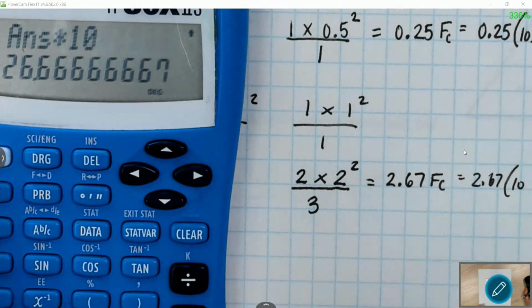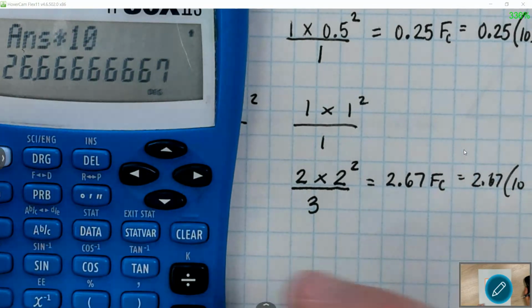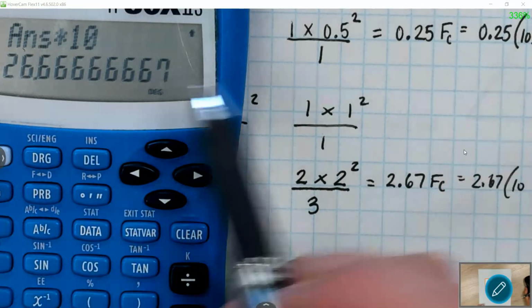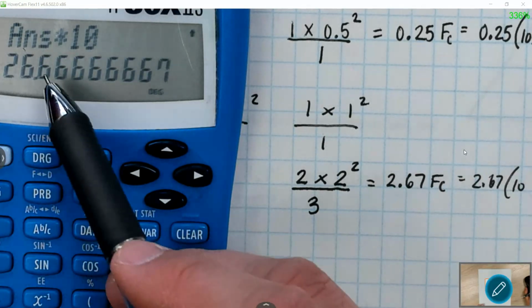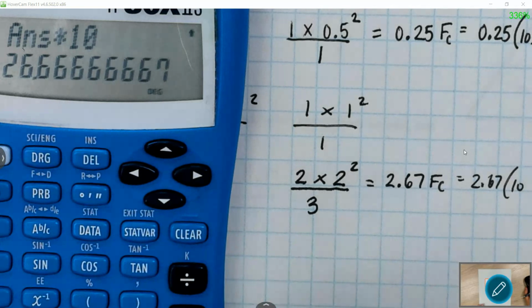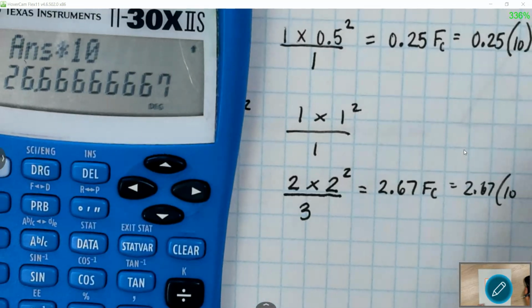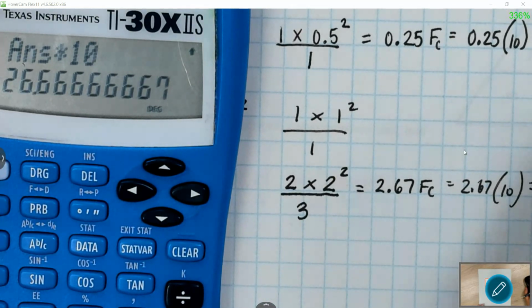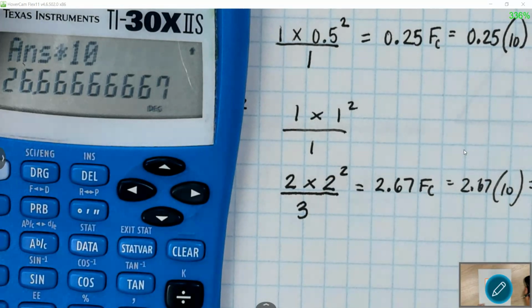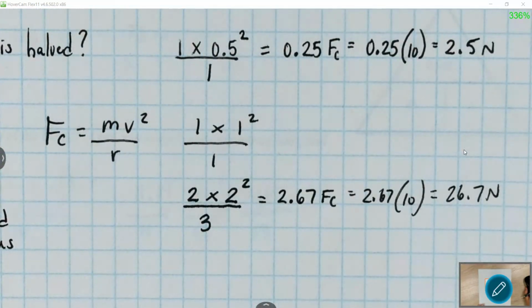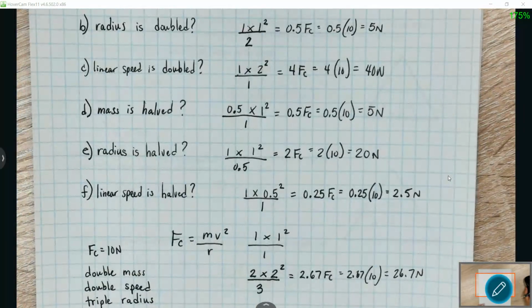So we'd be left at 26.67 if we round to 2 decimals, or 26.7 if we round to 1 decimal. And that would be how you would complete those proportionality problems.